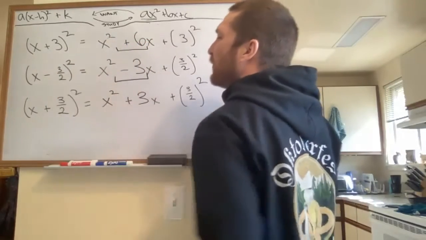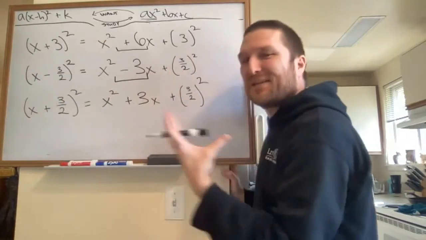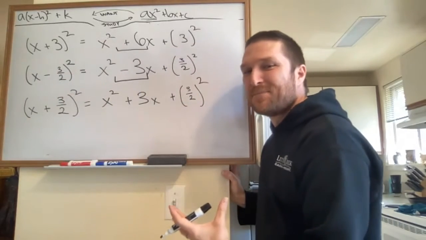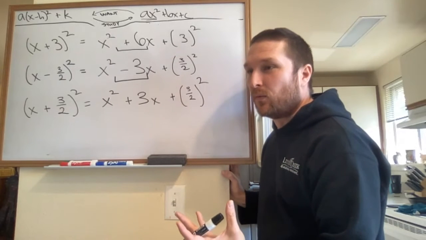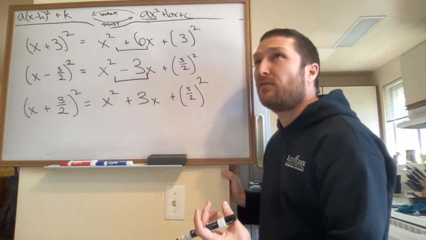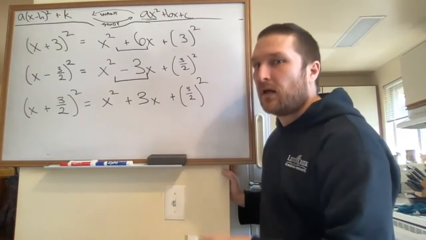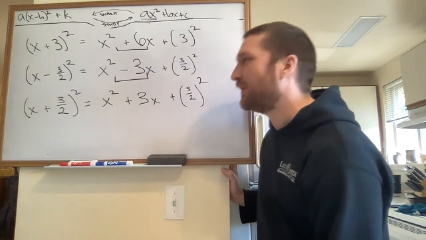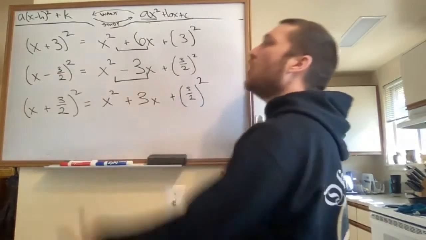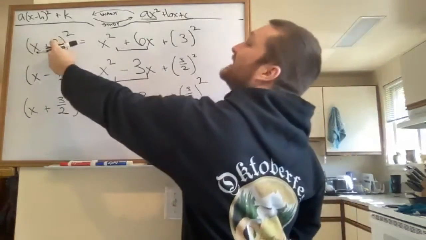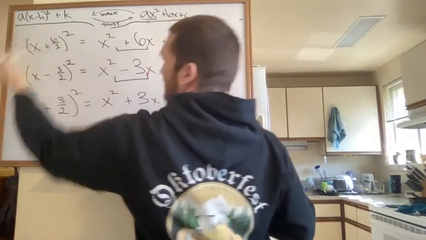What's 1/2 of 3? 3/2. We don't need to really use our brain at this point. If you have something like 11, what's half of 11? Not 5.5. What's 1/2 of 11? 11 divided by 2. 11 over 2. What's 1/2 of 3? 3 divided by 2. What's 1/2 of 6? 6 divided by 2. We could even write it like that if we were so inclined. We could just say that's 6 over 2.